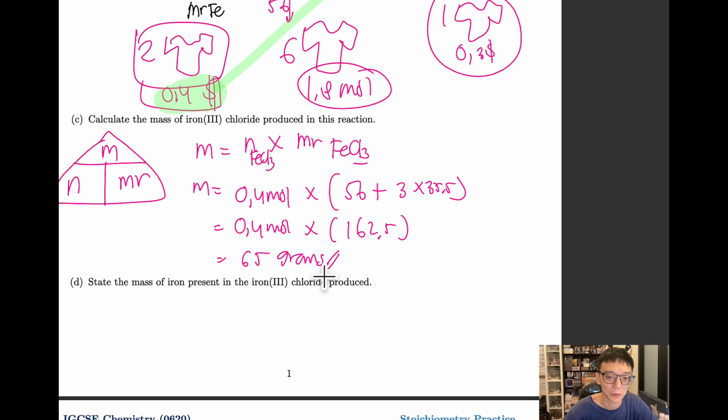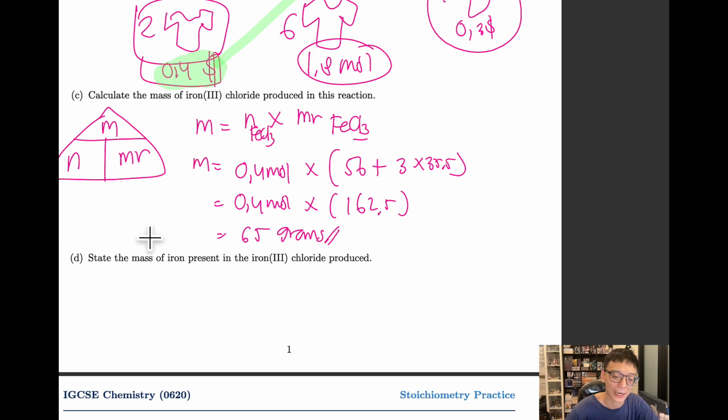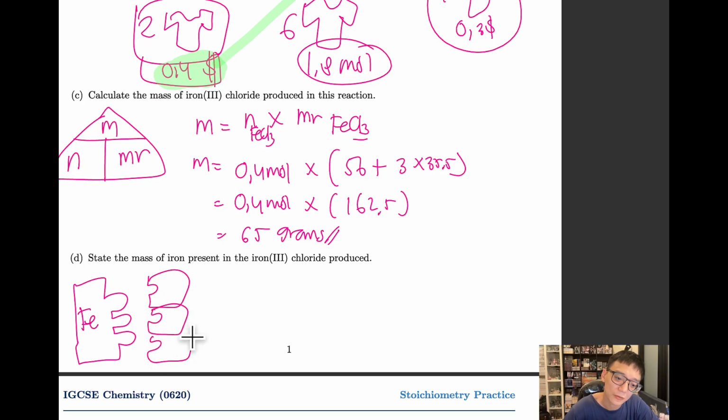We have to know that iron 3 chloride is actually something like this. Fe 3 plus, and then it contains 3 Cl. So if we want to measure only the mass of the iron, then we are going to calculate what is called the percentage by mass.